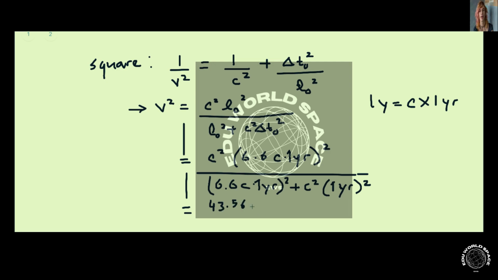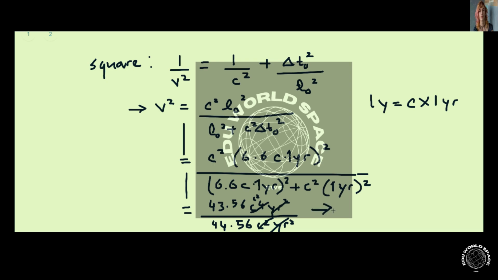43.56 times c to the 4th times years squared over 44.56 times c squared times years squared. So the years cancel. The c squares cancel, leaving behind a factor of c squared.